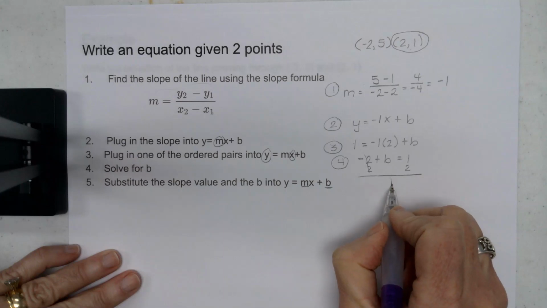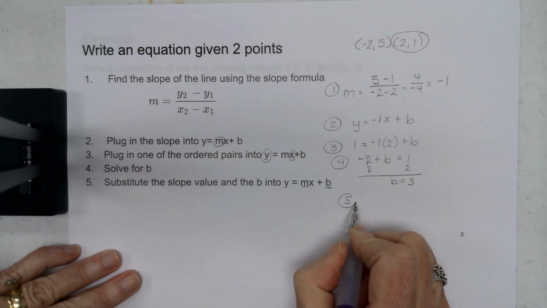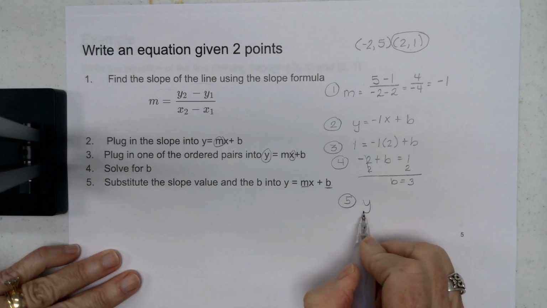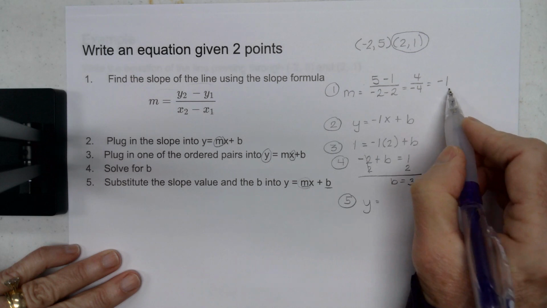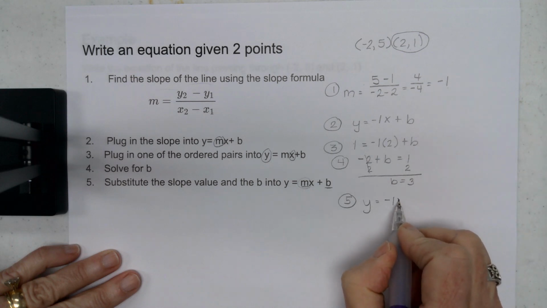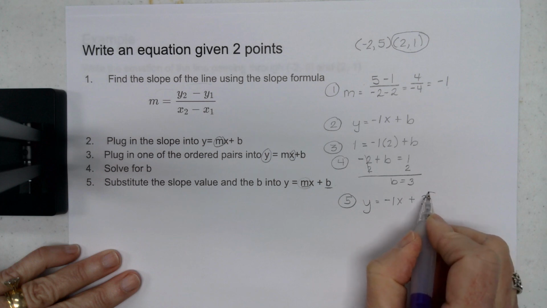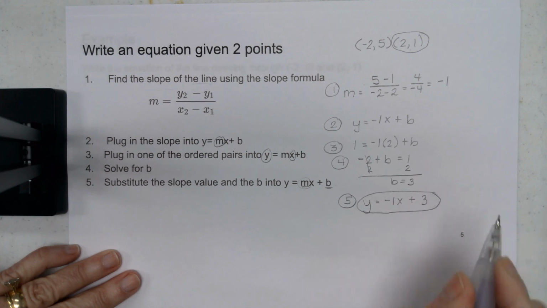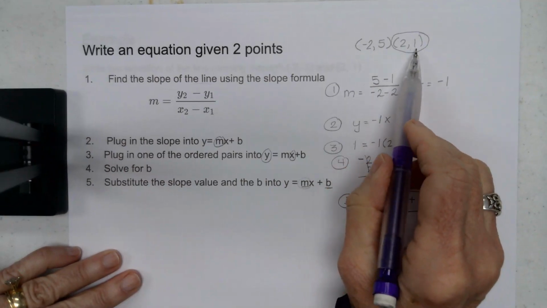That cancels out, and I get b = 3. So my fifth step is plugging into my y = mx + b my slope, which remember is -1, and what I solved for, b, which is 3. So there's your answer. That's the equation of the line that goes through (-2, 5) and (2, 1).